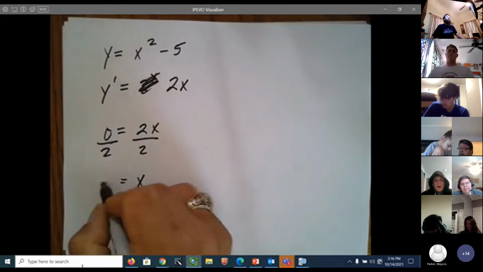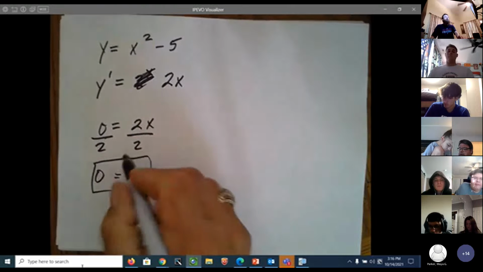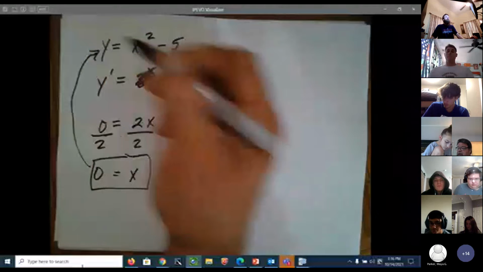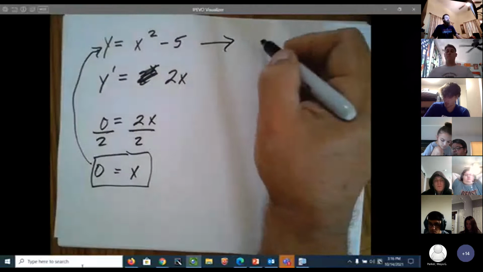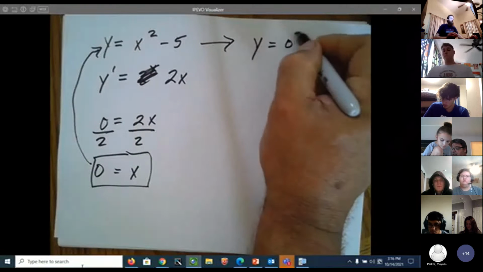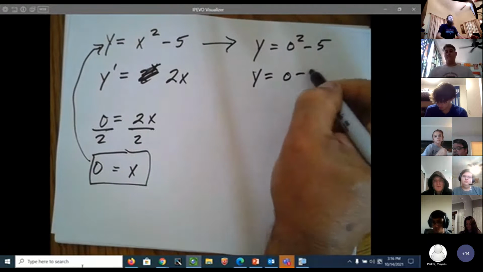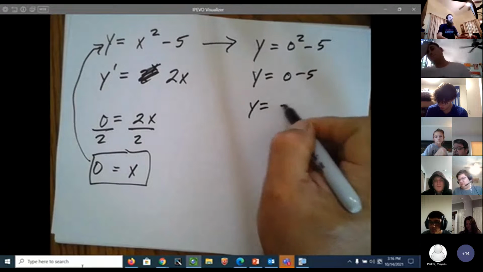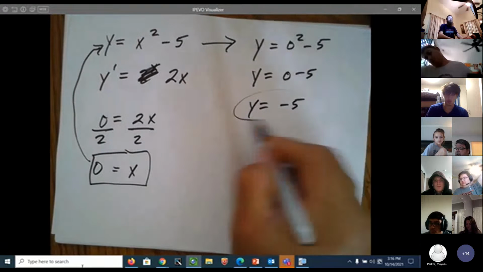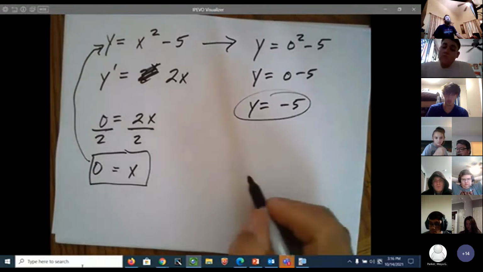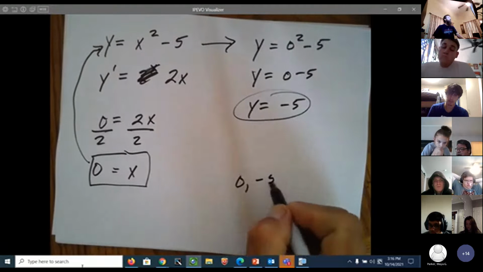X is equal to 0. Take that 0, plug it back in. Y is equal to 0 squared minus 5. Y is equal to 0 minus 5. Y is equal to -5. So there's a horizontal tangent line at (0, -5).